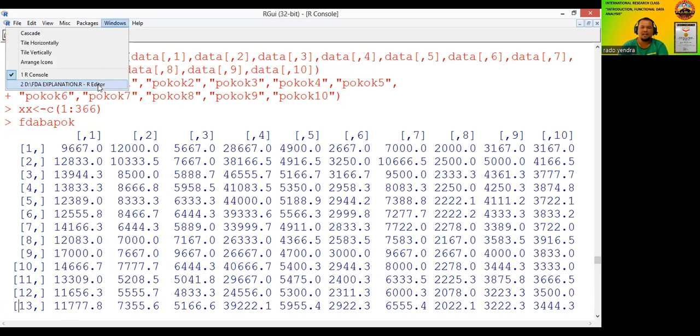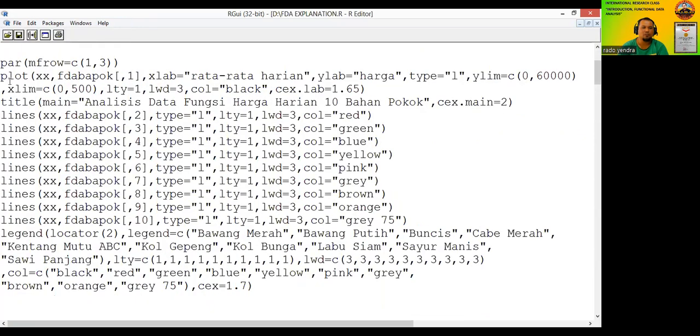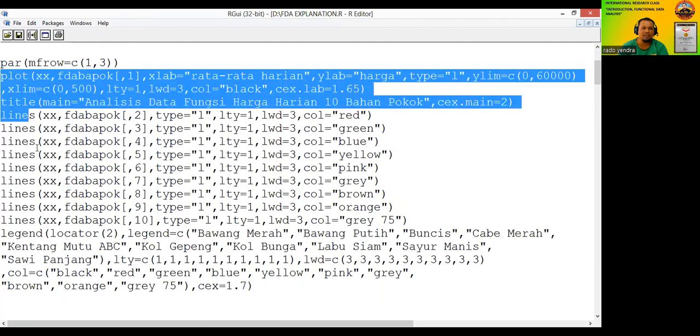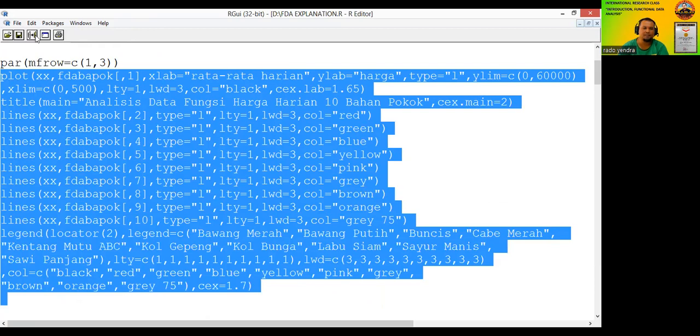So the first time, like I said before, these 10 variables will be represented by several overlapping graphs. Because we only have 10 variables, it means we have 10 overlapping graphs. In this program, we try to make the plots for the 10 variables.